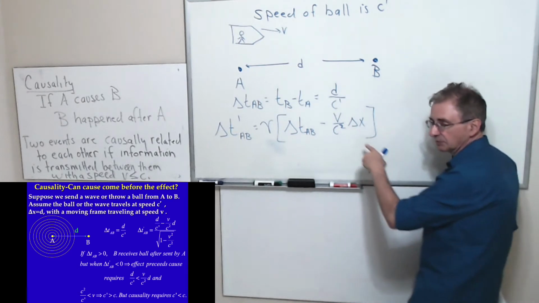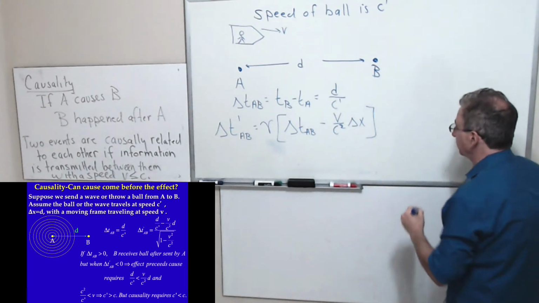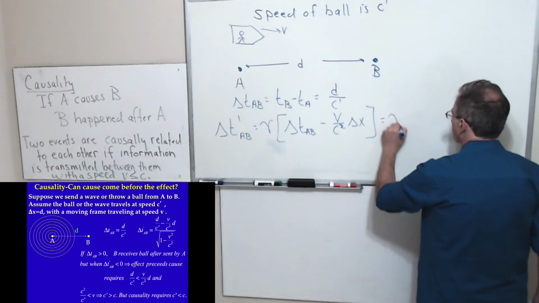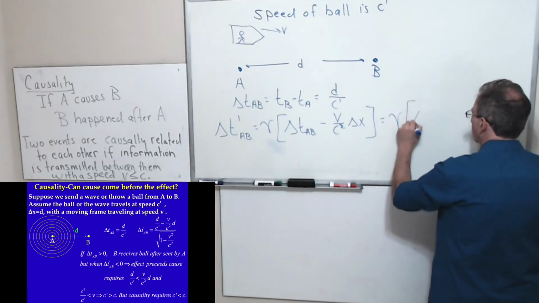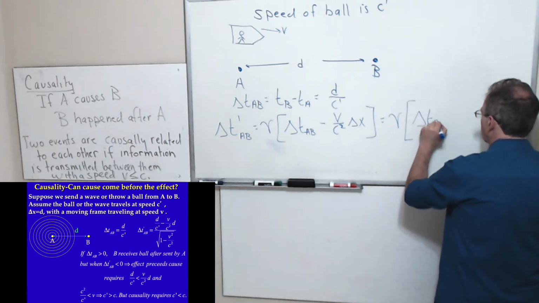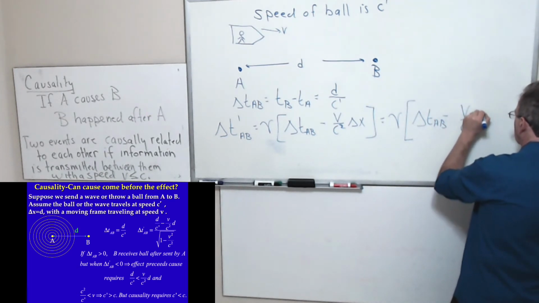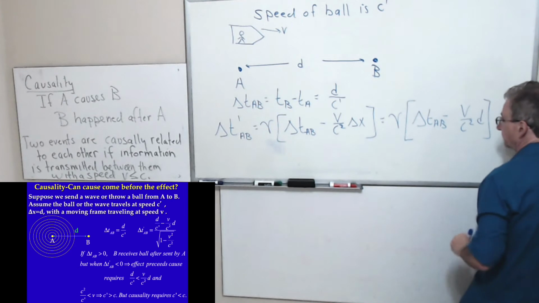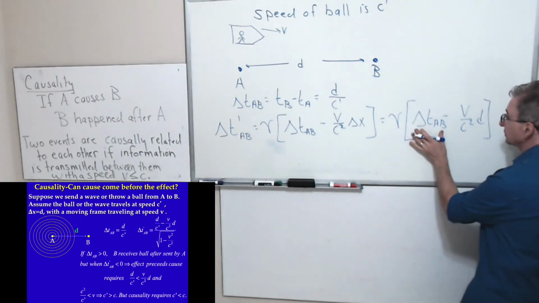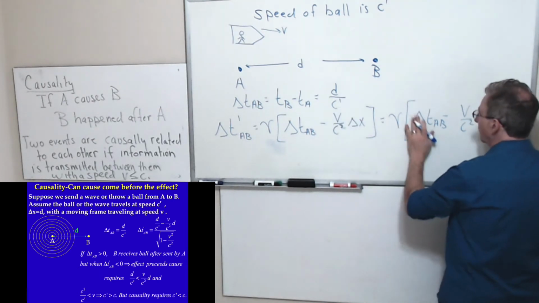Well, the separation between the two events is D. And then this time TAB is D over C prime.